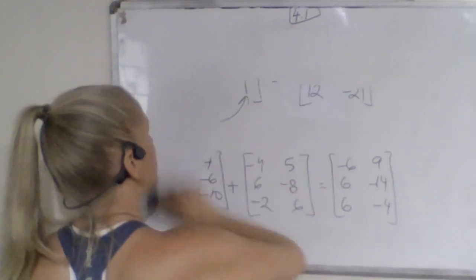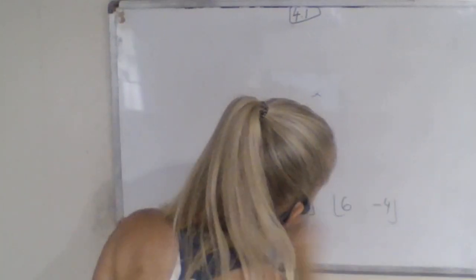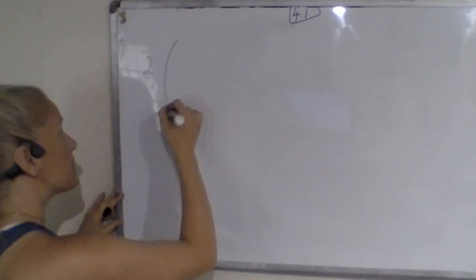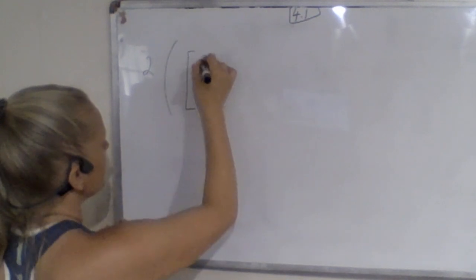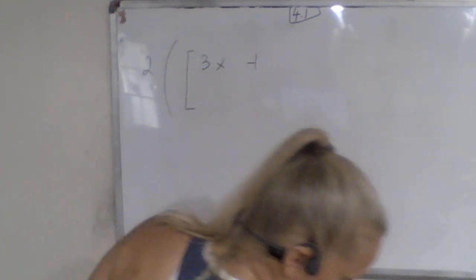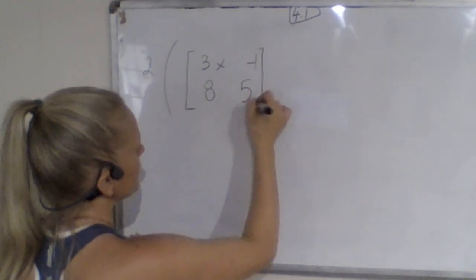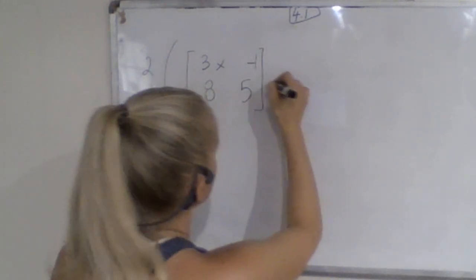Now, as we move on to example 4, we're solving a matrix equation. This is not very difficult at all. Let's look at this for just a second. We have a 2, a humongous parenthesis because we're doing matrices. My first matrix is 3x, negative 1, 8, and 5. Close it, and it's adding another matrix.